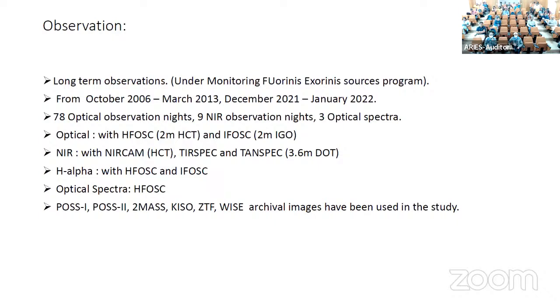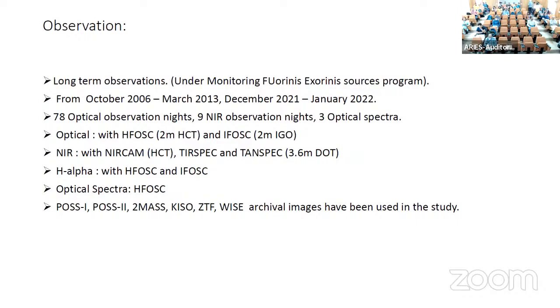A long observation has been done for this object under a program of monitoring EXor sources, which you talked about earlier. The observations of this source were done from 2006 to 2013 from IGO in the Girawali Observatory with the 2 meter telescope, and there were some NIR observations done with the NIR camera attached to the telescope, and a few optical spectra observed with the HFOSC.